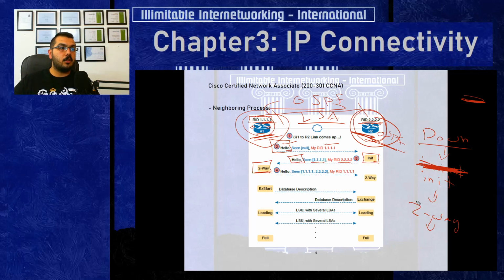Just to pause the lecture on one thing, if you remember LSAs and all their complicated types, they are stored inside something called the link state database, LSDB.